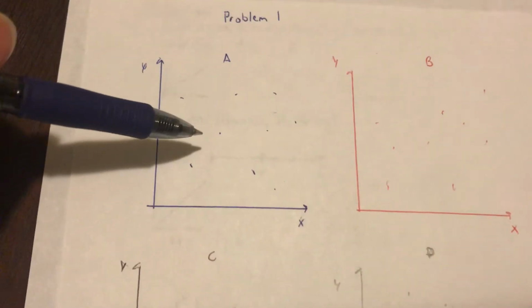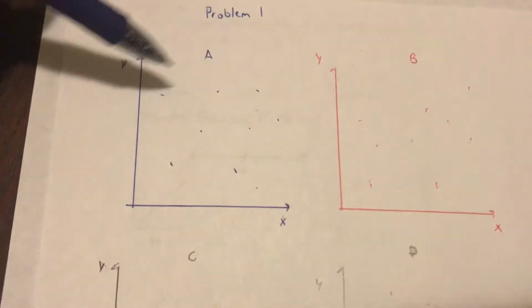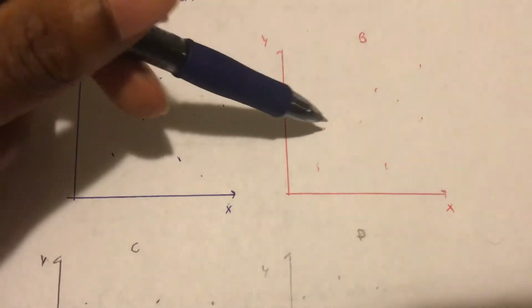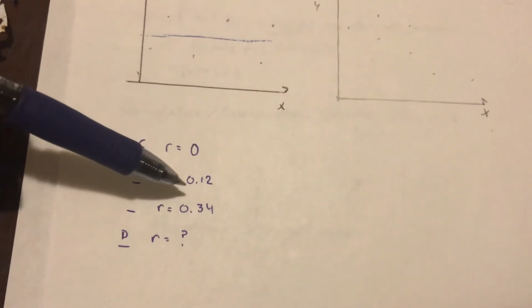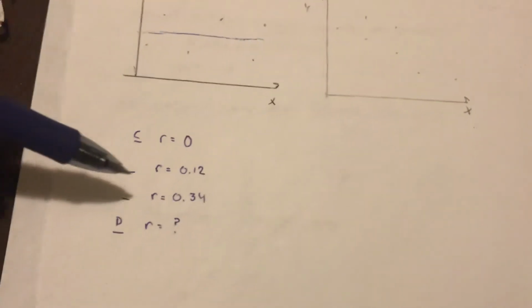That should be, you should have got letter A for that, because of the fact that this is very widely dispersed compared to the other 3, and even compared to this one, it's still more dispersed than A is still more dispersed than B. So you should have gotten 0.12, and then for B, you should be in your final one.